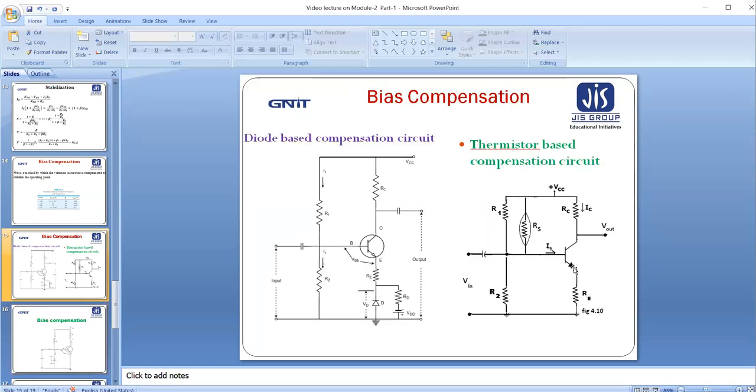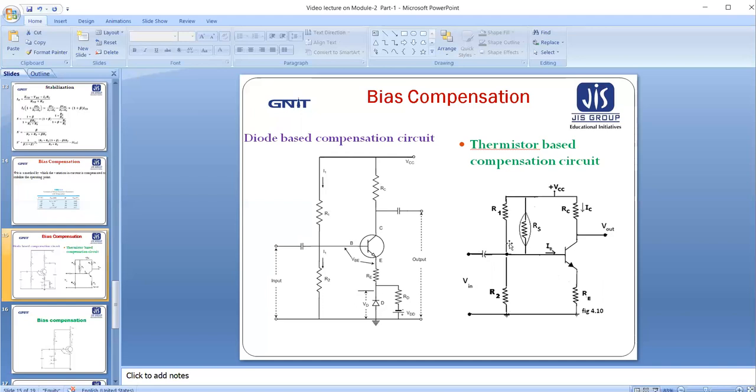In case of thermistor bias, what is a thermistor? A thermistor is a thermal resistor, meaning it is a semiconducting material. When the temperature is increased, it will show less resistance. So when it offers less resistance, what will happen? The R1 value will be very low.